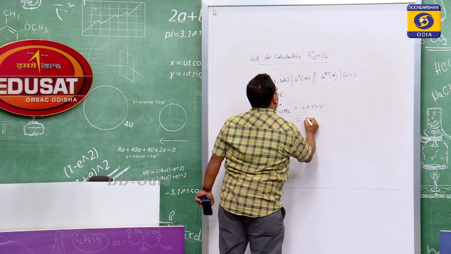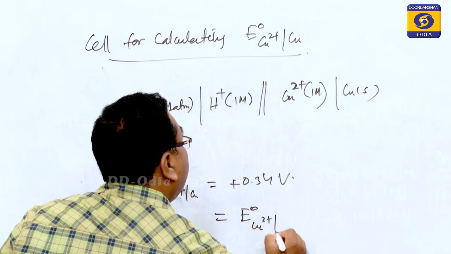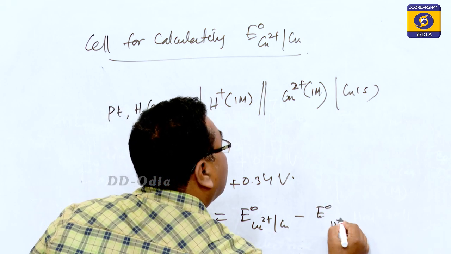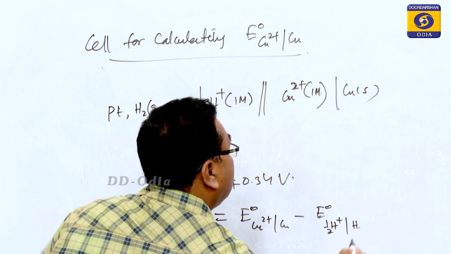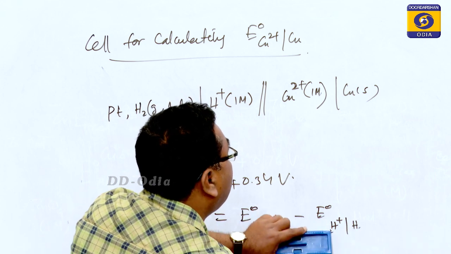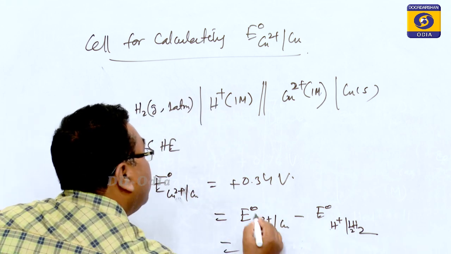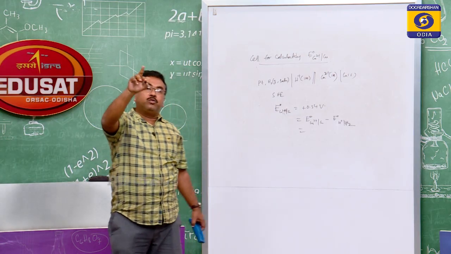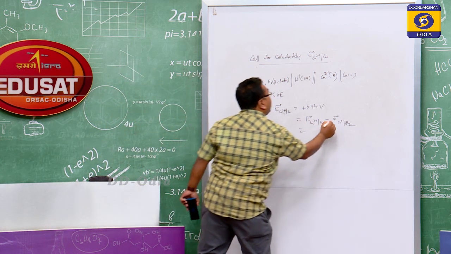This is E0 Cu2+/Cu minus E0 of half H+/half H2, and its value is arbitrarily taken as 0. When you couple this, the current flow through the voltmeter is found to be 0.34 volt.